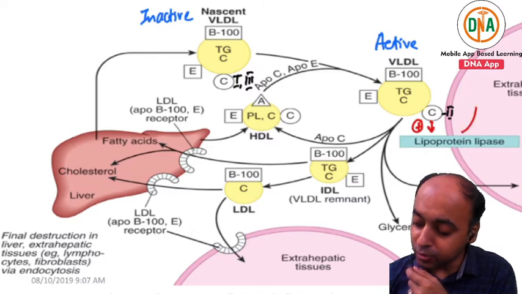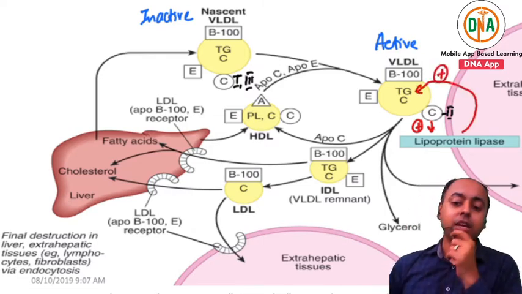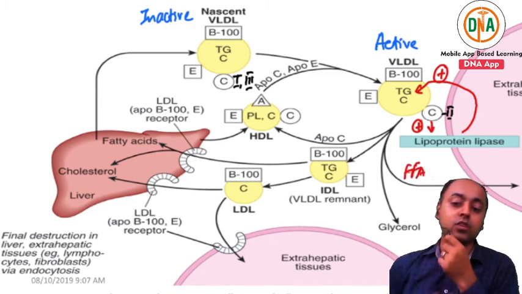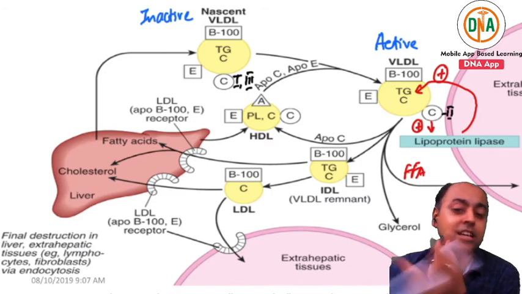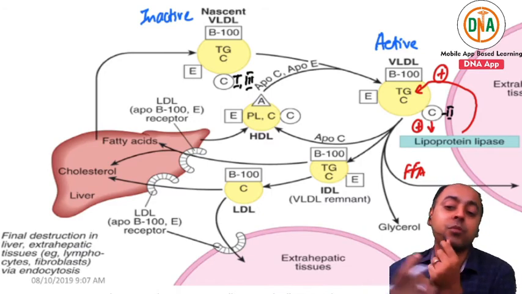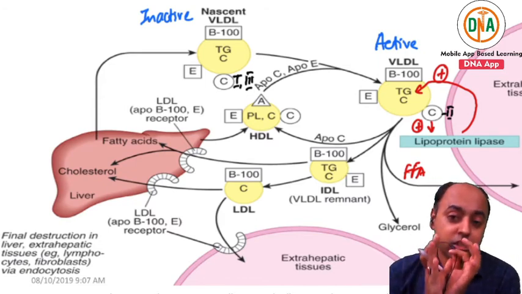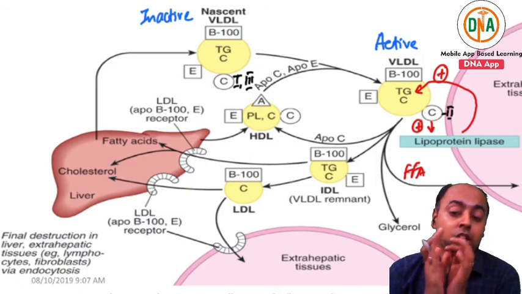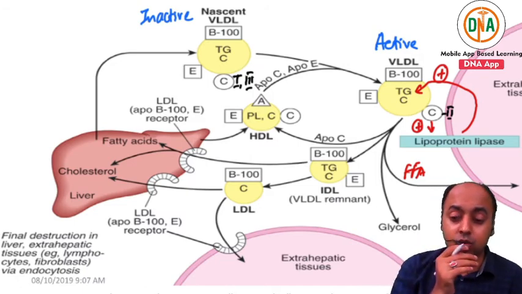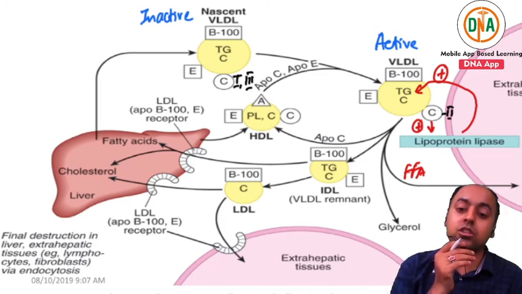The activated lipoprotein lipase will now act on the triacylglycerol and break it into glycerol and free fatty acid. The free fatty acid is quickly taken up by the extrahepatic tissue. Just like in chylomicron, the ApoC2 activates lipoprotein lipase, which breaks down the triacylglycerol, and the free fatty acid is taken up by the tissue. This triacylglycerol is coming from the liver, so it is the endogenous triacylglycerol, whereas in the chylomicron we have the exogenous triacylglycerol.